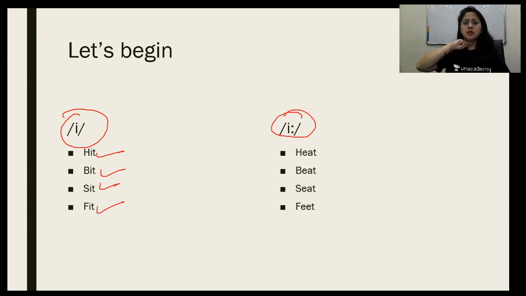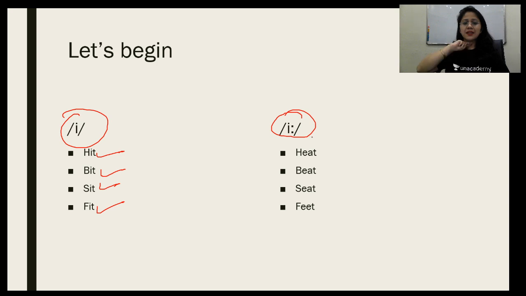Eh, ee, eh, ee. When you say the short sound, the vibration is in your lower finger. When you say the longer sound, it's in the finger at the top. So you can see the vibration also differs. For this sound, ee: heat, beat, seat, feet.